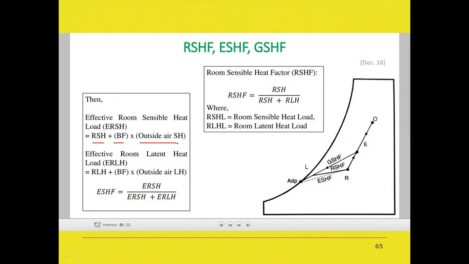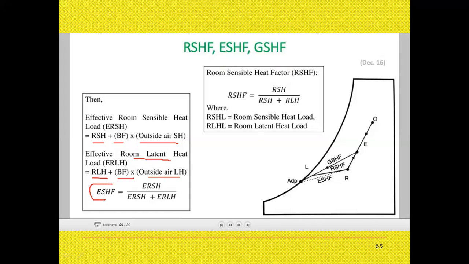Now the effective room latent heat load, ERLH, is equal to RLH plus BF into outside air LH.